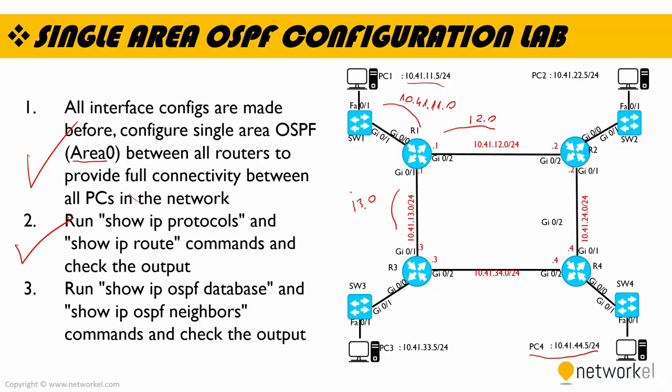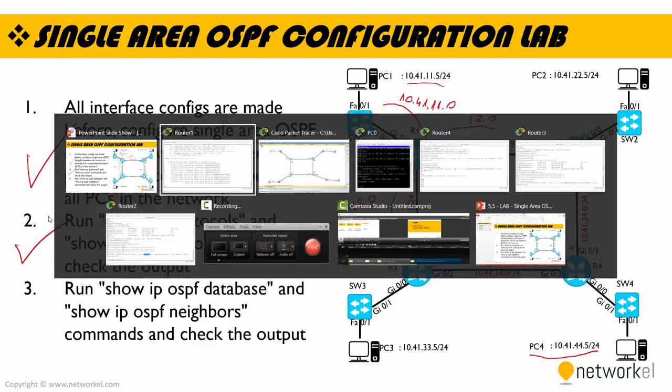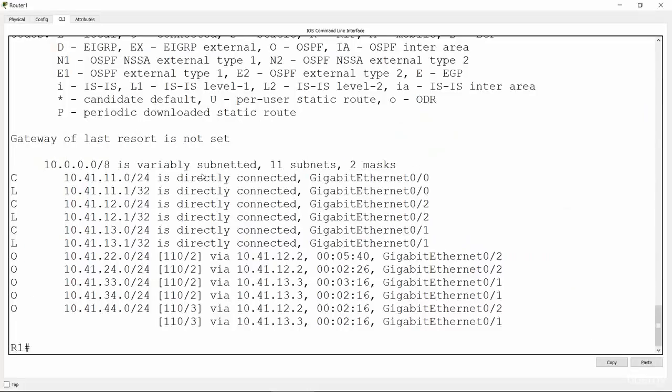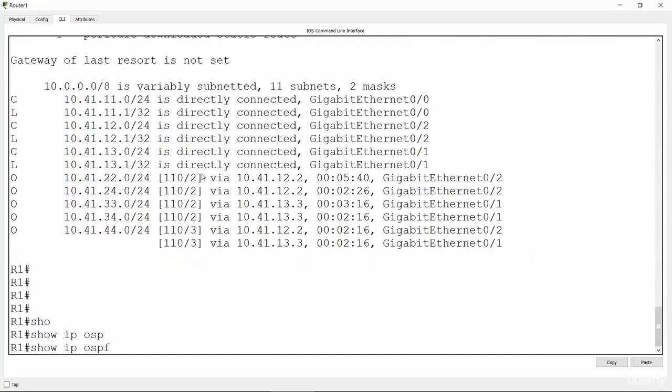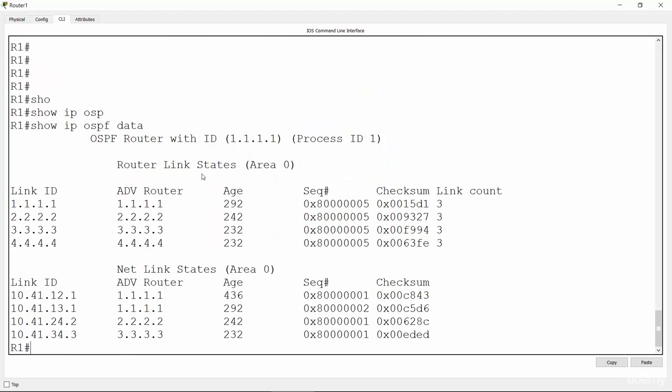Okay, let's take a look at the last step. The last step is asking us to run the show ip ospf database and show ip ospf neighbor commands. I'm in router 1 and let's run the show ip ospf database command. It shows us the topology table and gives us the general map of our network.